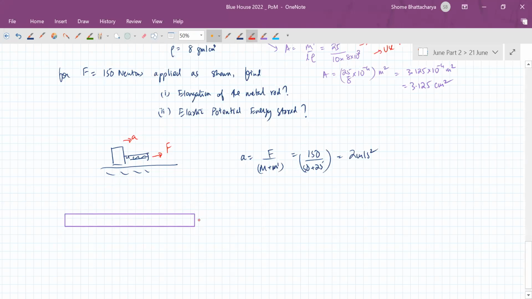So suppose we consider a point in the rod which is at a distance x from this side.